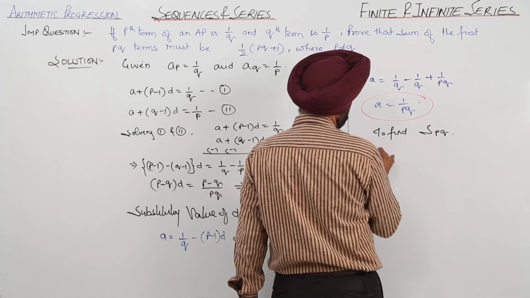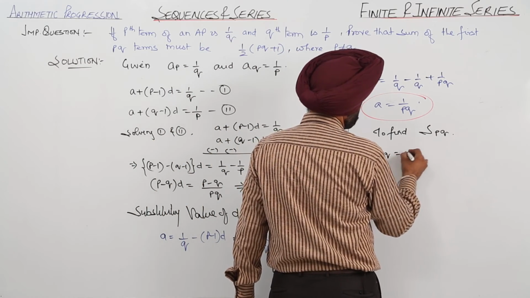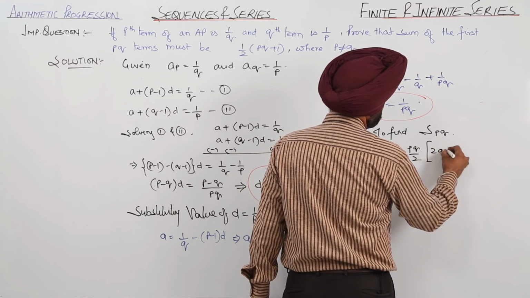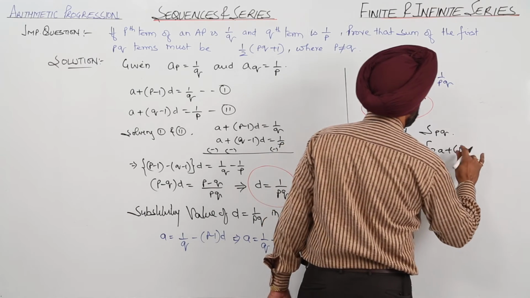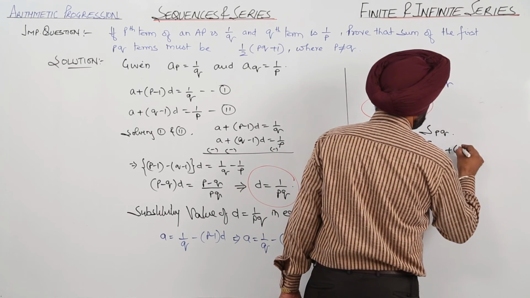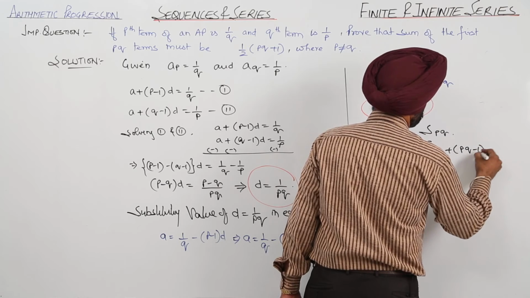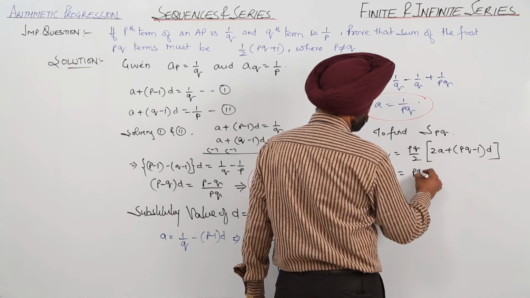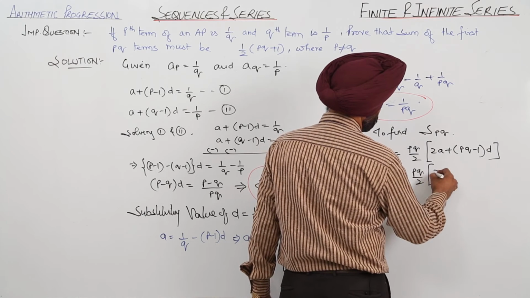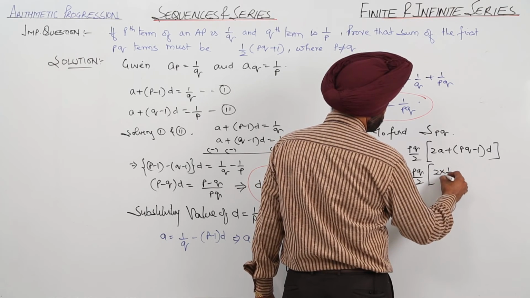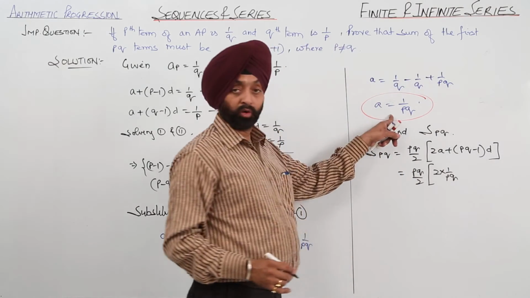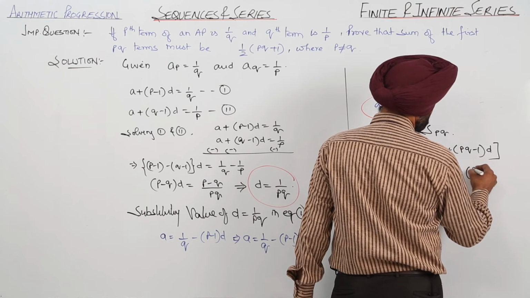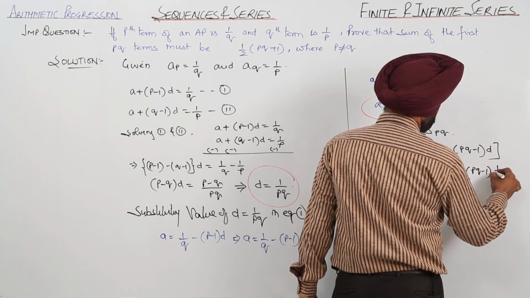Now, S_pq is equal to pq upon 2 times (twice of a plus (pq minus 1) times the common difference d). Now, this is pq upon 2 times (2 times 1 upon pq, because a we are getting as 1 upon pq, plus (pq minus 1) upon pq).